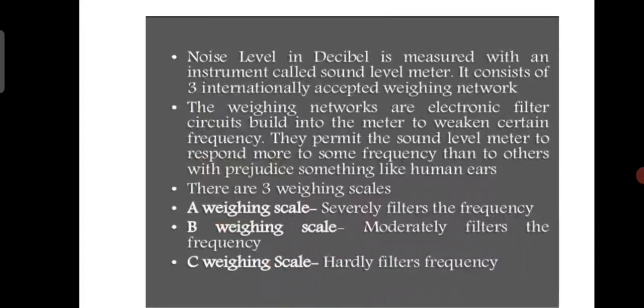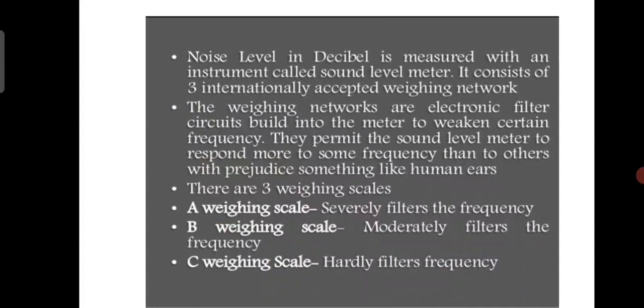These sound levels are measured in 3 weighing scales: A weighing scale, B weighing scale and C weighing scale. Normally the decibel is measured in A weighing scale, which severely filters the frequency, and B scale moderately filters the frequency, and C weighing scale hardly filters the frequency.